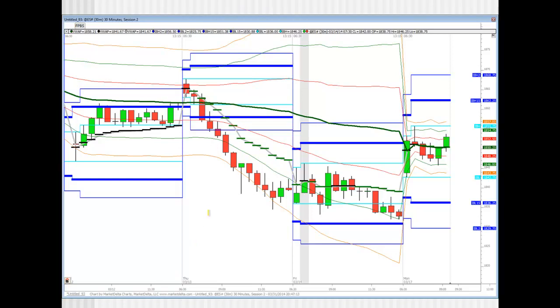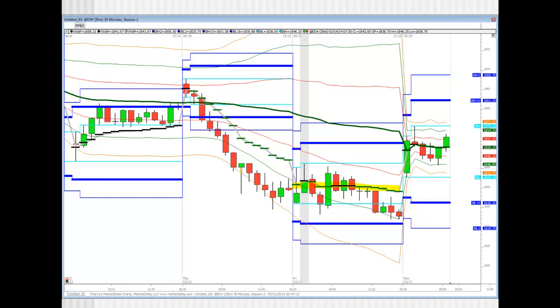So now what I'm doing here is I have actually added the standard deviations for my weekly VWAP. And boy, what a powerful addition that is. So now I have my daily VWAP heading lower, and it hits the second standard deviation and then begins to level off here.